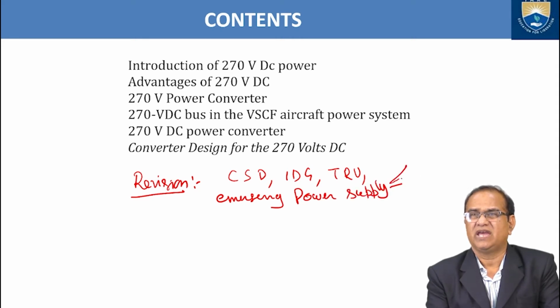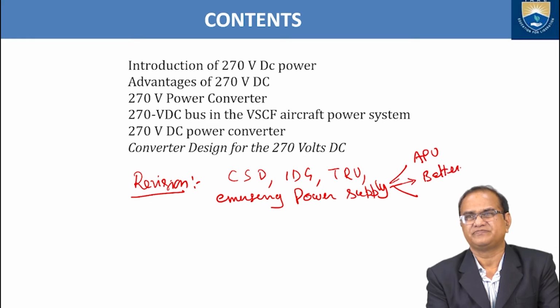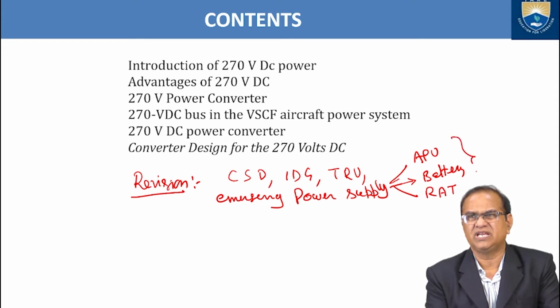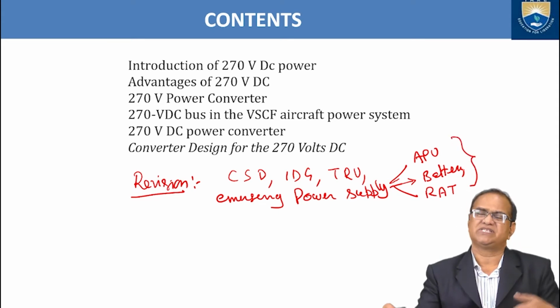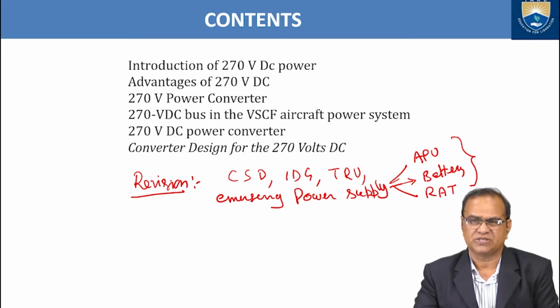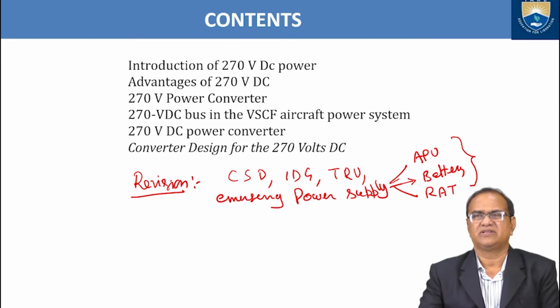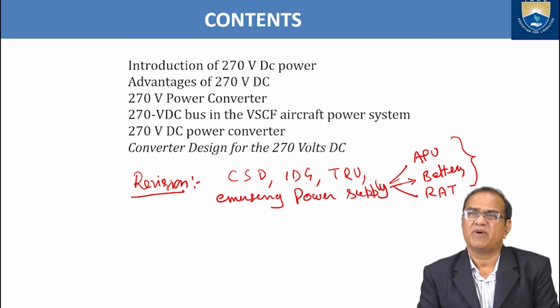In the emergency we have the APU, then the battery, then the RAM air turbine. These three are used for the emergency power supply of the systems. I have also discussed the different power generation devices and how they work. All these things I have already covered.